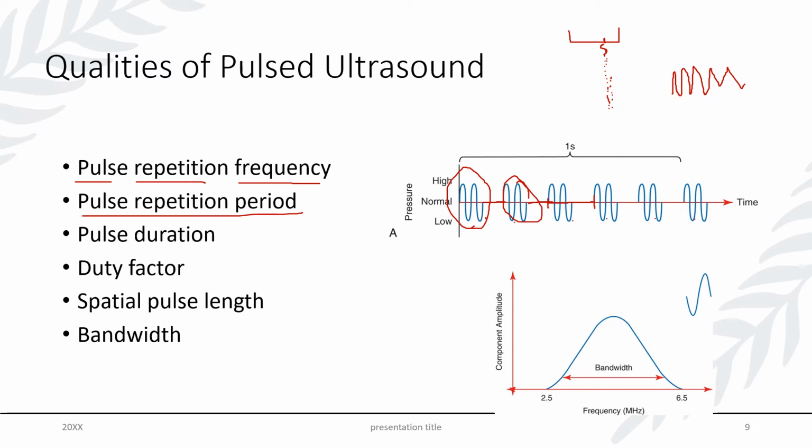If I want to know how long it takes for one pulse to be created before I can start listening, that would be my pulse duration, or the time it takes to complete one pulse. If I want to find out exactly how hard my transducer is working, and this comes in very important when we look at the bioeffects of ultrasound, I would check its duty factor.